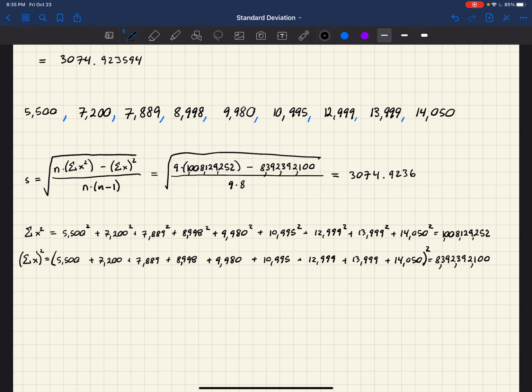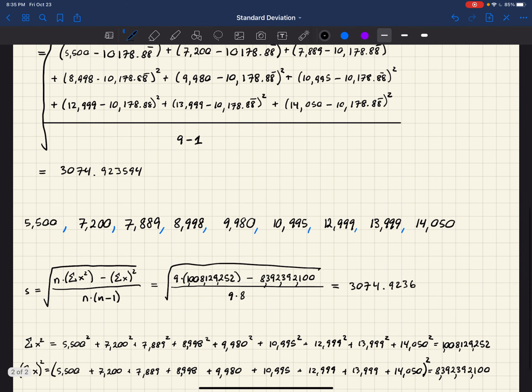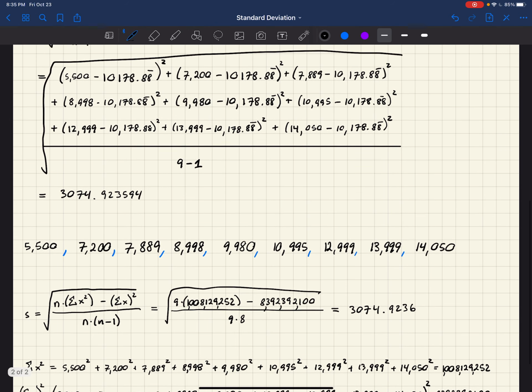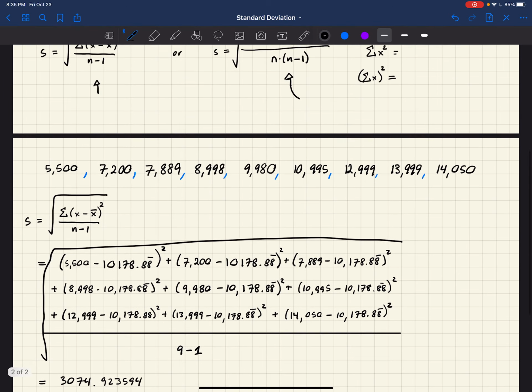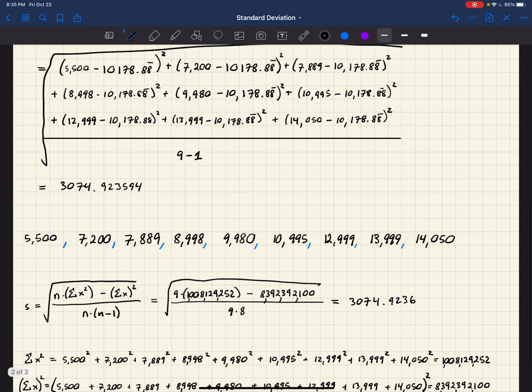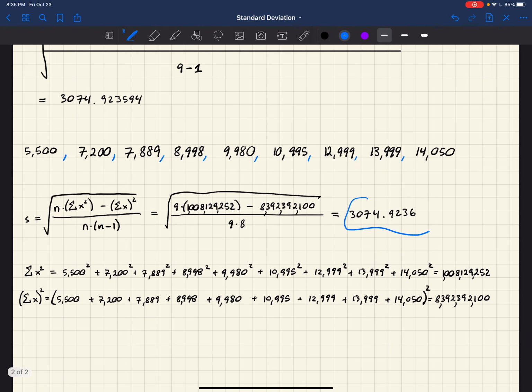And those are the two common standard deviation formulas computed just for you. Now, just to recall, for the data I have sitting here, we computed the standard deviation and found that it is 3074 with a few extra decimal places.